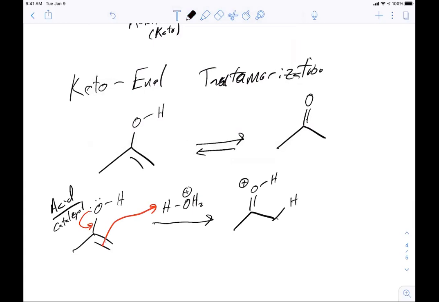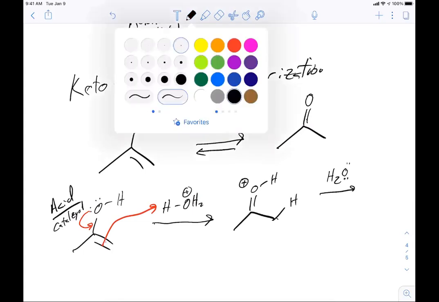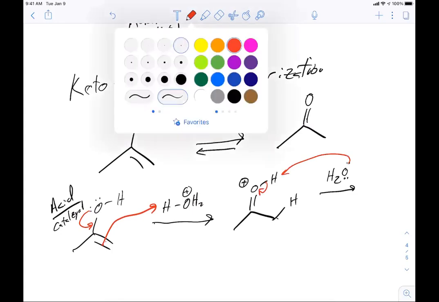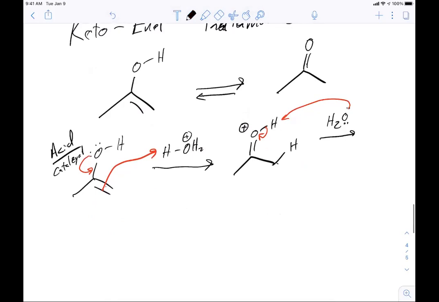So we've added our hydrogen there. And then we get a proton transfer to get us to the ketone. Questions about this one?